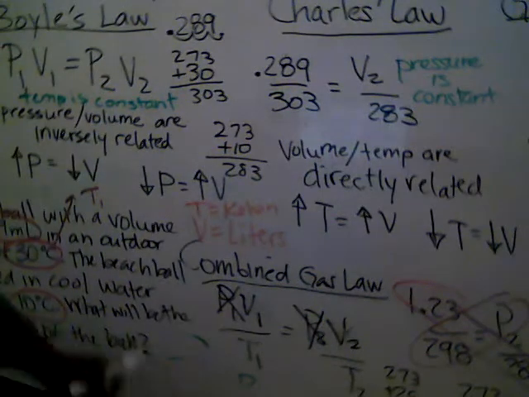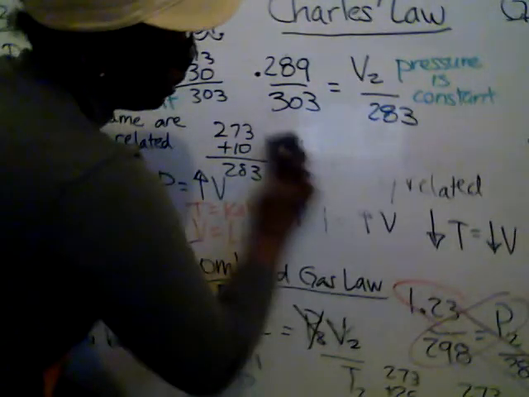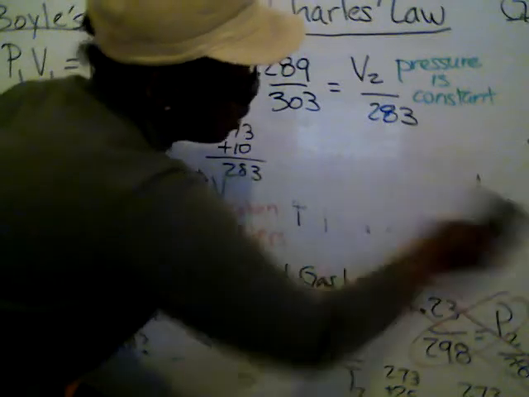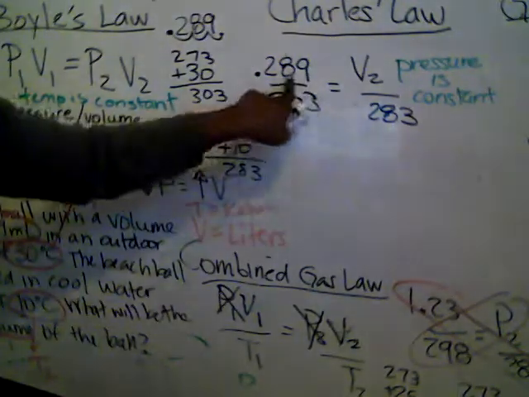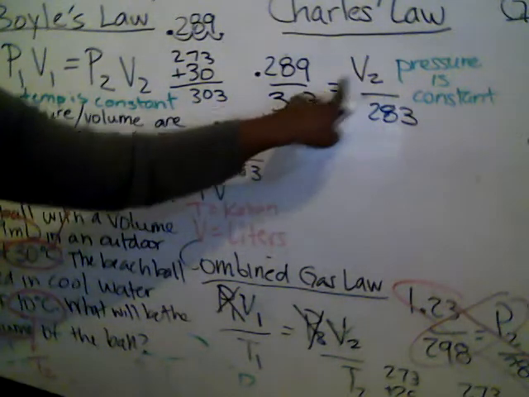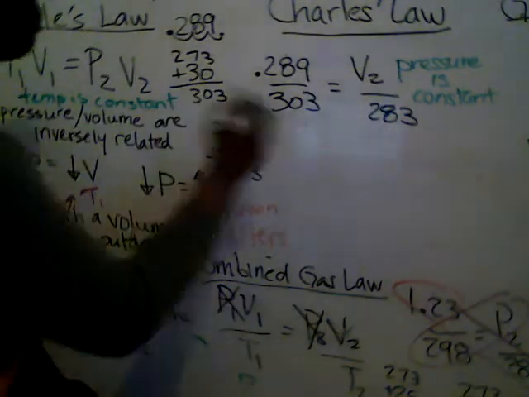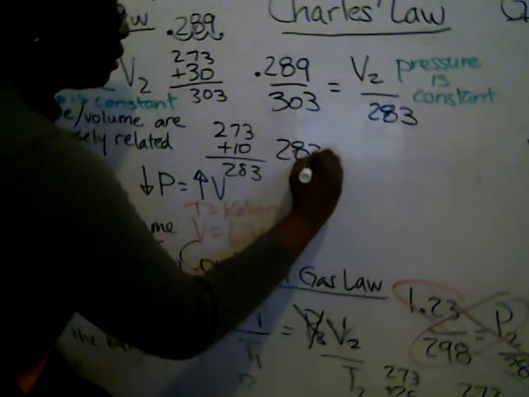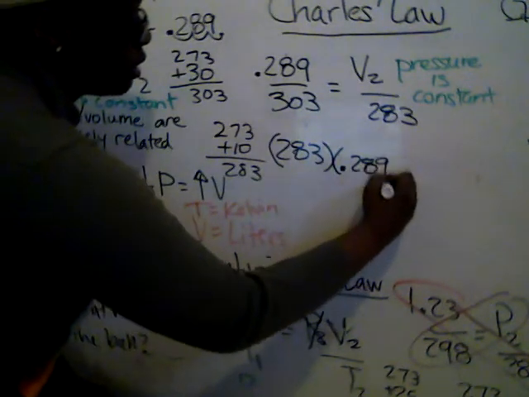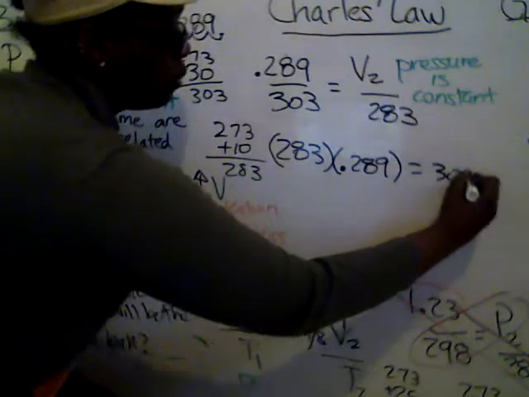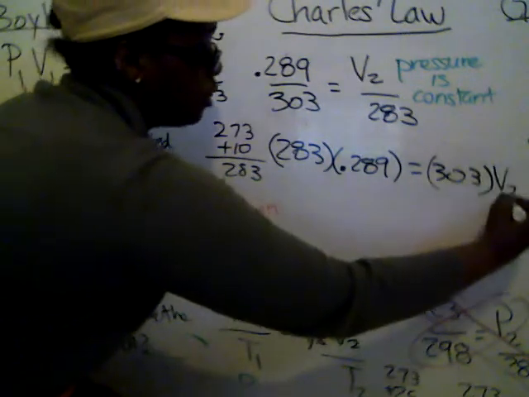Okay. Just going to erase this stuff here. We've already covered that. So if we're solving for this, we want to cross multiply. So we're going to multiply these two together and those two together. So the cross multiplication would be 283 times 0.289 equals 303 V2.